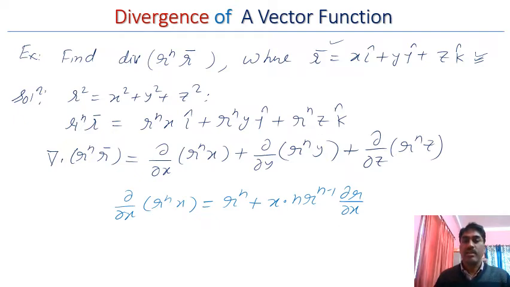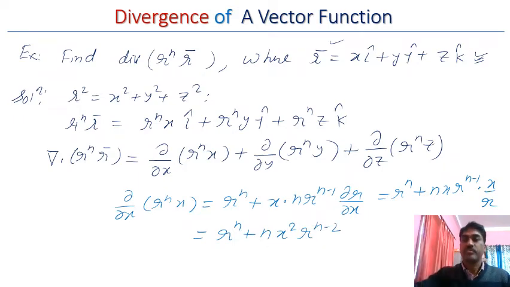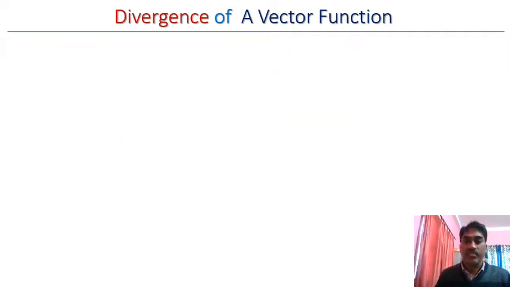So we get r^n plus n x r^(n-1) into x by r. What you get finally is r^n plus n x squared r^(n-2). And similarly we find the other partial derivatives.